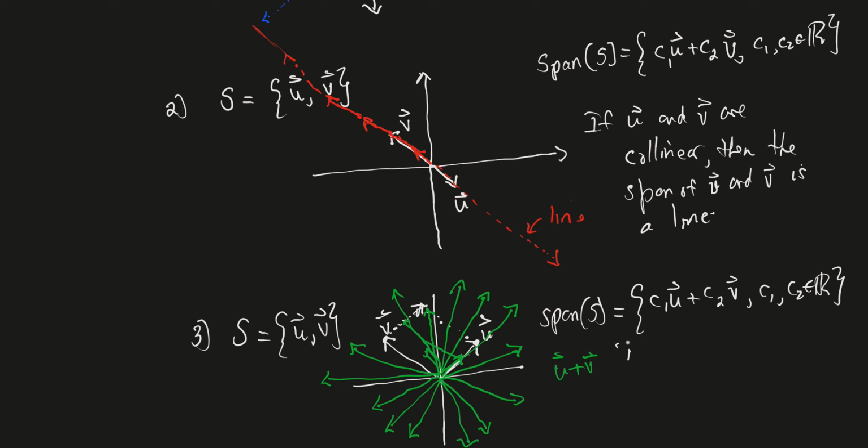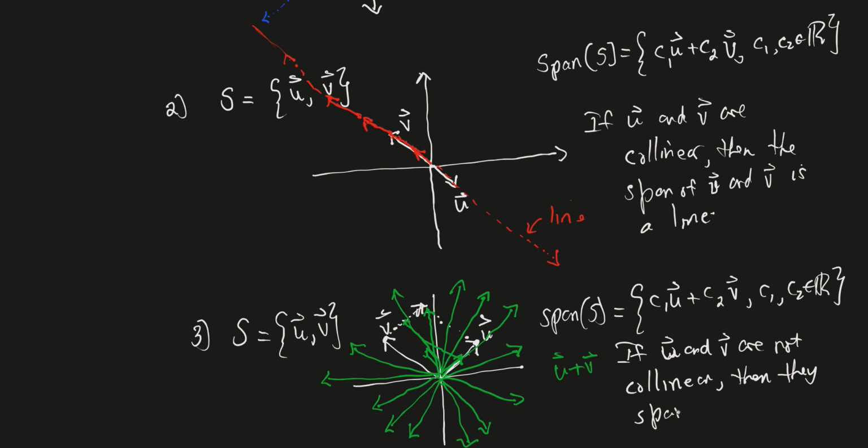So if u and v are not collinear, right? And I'm referring to vectors in R2 here, then these two vectors span the entire xy plane.